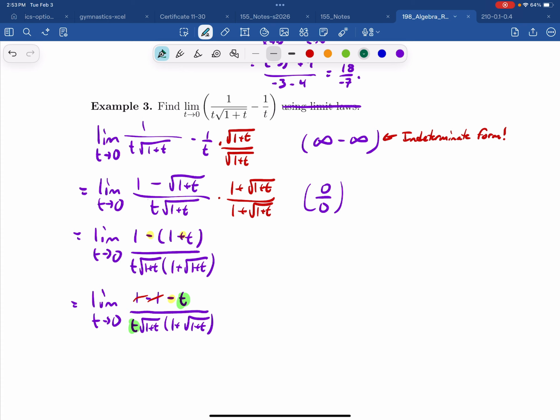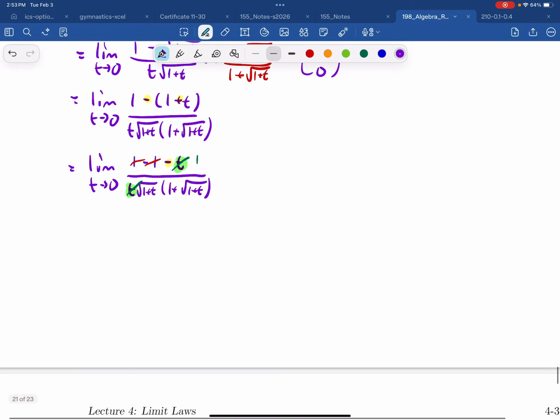So this is what we now cancel. I'll use green to cross it off. And we now have -1. Just be careful about that negative. So anyway, we have the limit as t approaches 0 of -1 over all this.